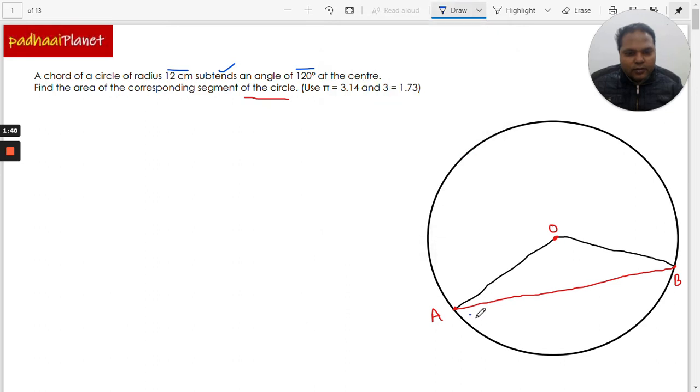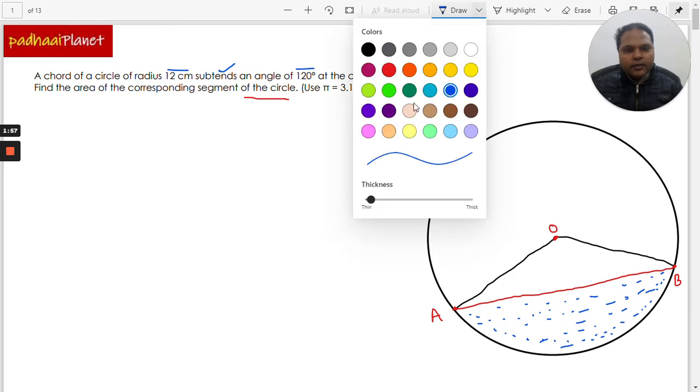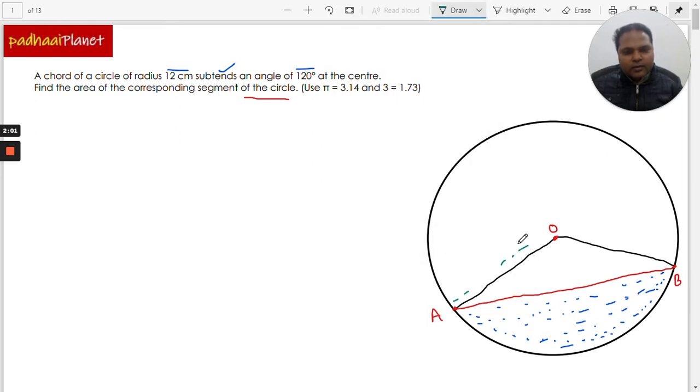This entire thing is one segment, which is called the minor segment, and the other segment, which is the major segment, that's this one.